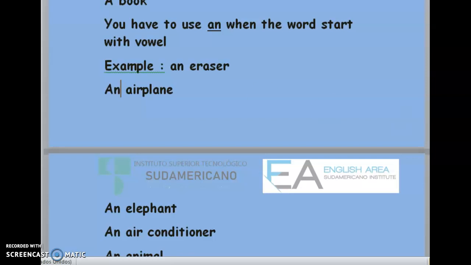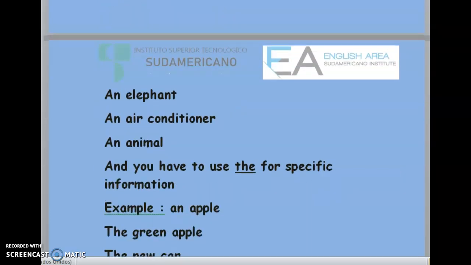So maybe we are going to practice. An airplane, an elephant, an air conditioner, un aire acondicionado, an animal, yes, an animal. Very good, and that is very simple. And you have to use the for specific information.